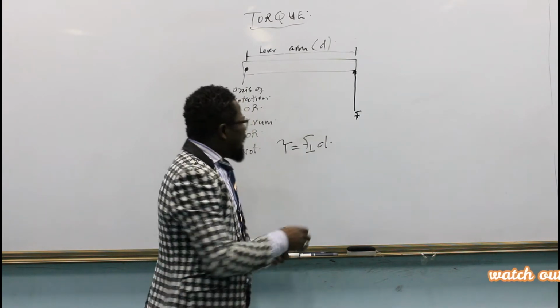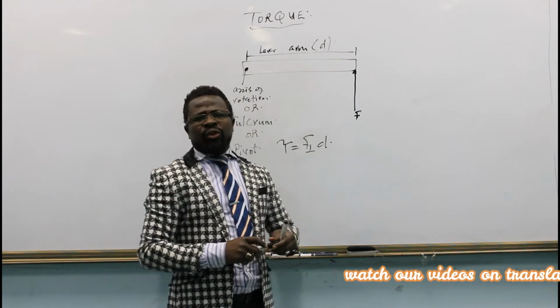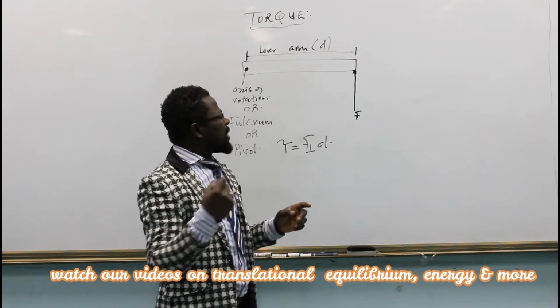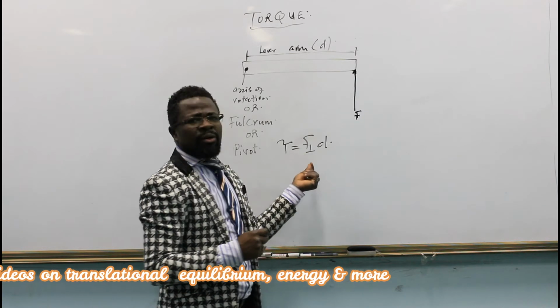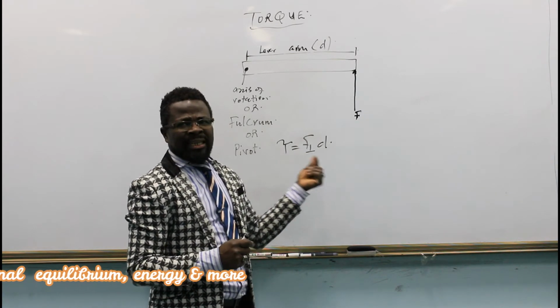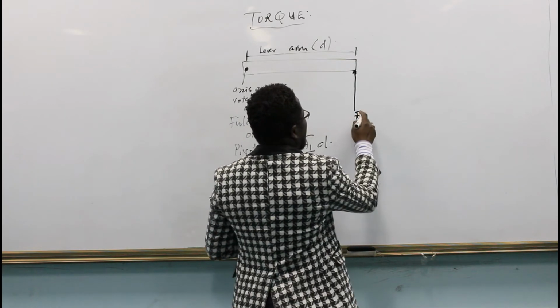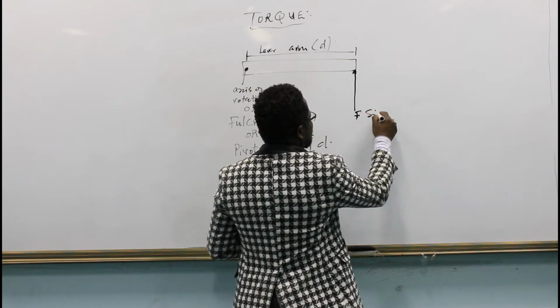Immediately, the next thing that should come to your mind is: what if the force is not perpendicular, but at an angle? Let's assume that this force is at an angle theta.